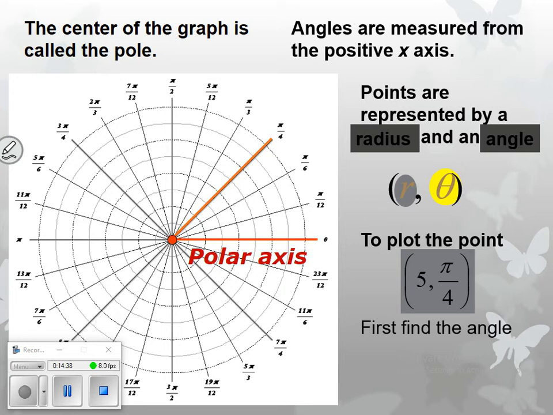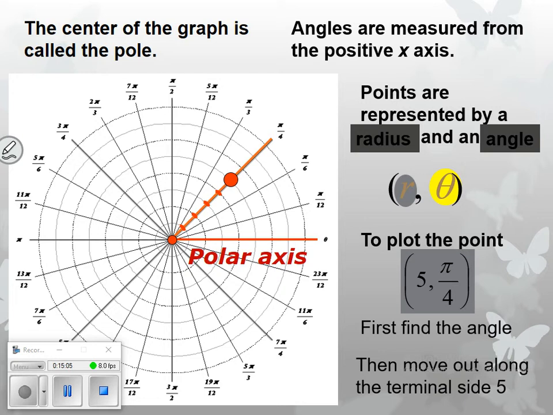The next thing you do is you say, okay, well, I've got a distance of 5, meaning that I should be on, if these are all integer circles or integer radii, the 5th circle. Does that make sense? So we just, on that ray, count out to the intersection of that ray and the 5th circle. So 1, 2, 3, 4, 5, and that's our point. And we just plotted our first polar coordinate.